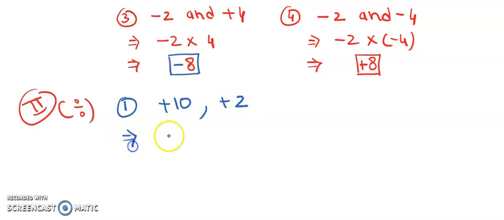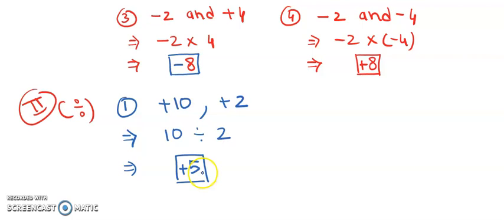Now this time we have to divide the numbers. So it will be like this, 10 divided by 2. No need to put the positive sign here, and it comes as 5. As such you can see the answer will come as positive. So let us mention that positive sign also, that is plus 5. That's the answer. As such the greater number carries the positive sign.